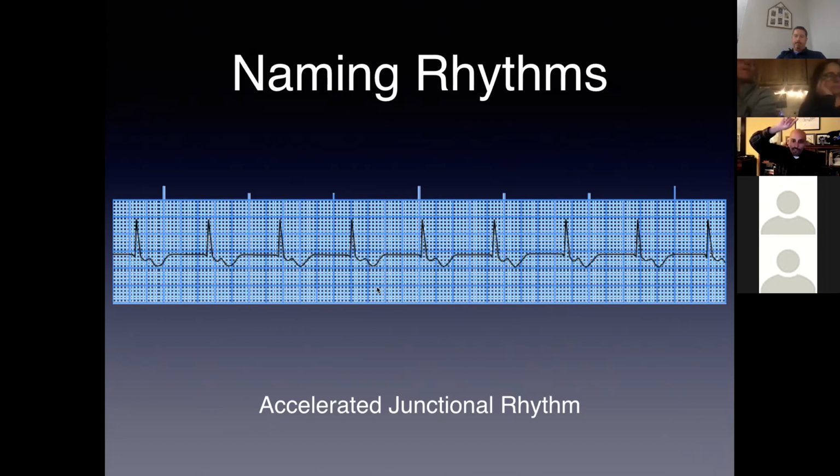So it's depolarizing the ventricle, going down the heart, and then because it's going retrograde up the heart, it's depolarizing the atria, but that's not really an effective depolarization. Typically the atrium, because it's coming from the SA node, is going to depolarize first, and that's going to go to the ventricle, and that would make it not junctional. But this is retrograde. It's not normally conducted. I don't know if that helps. Yes, thank you.